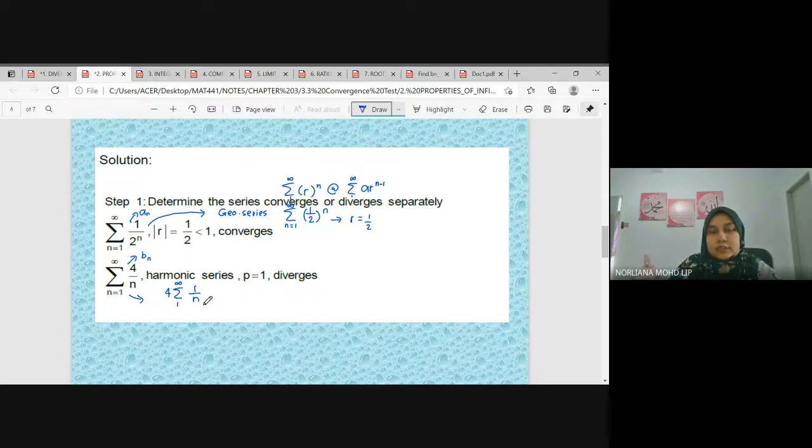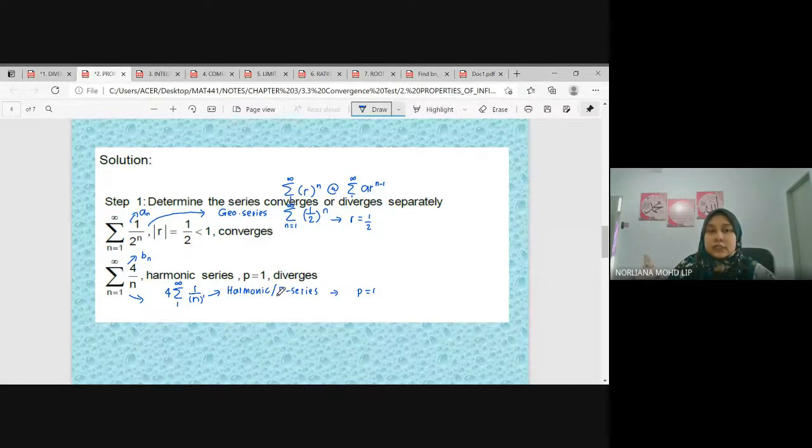This is harmonic series or P series kan? Harmonic ataupun you boleh gunakan P series. So P series, we refer the power of n. Sini power of n ni equal to 1, so P equal to 1.